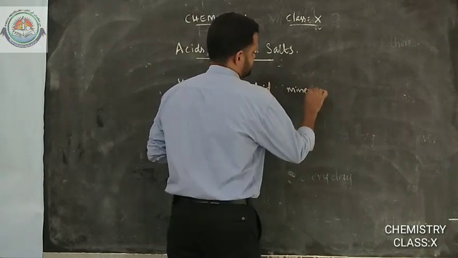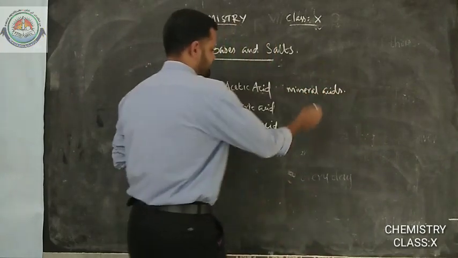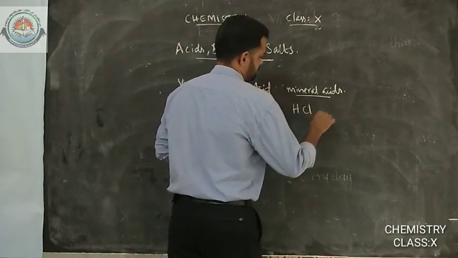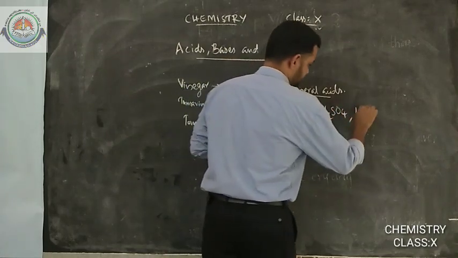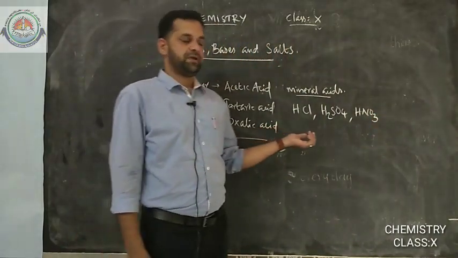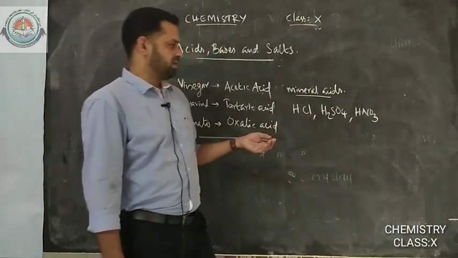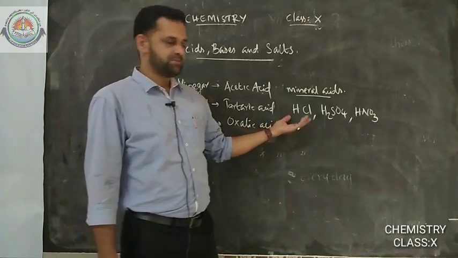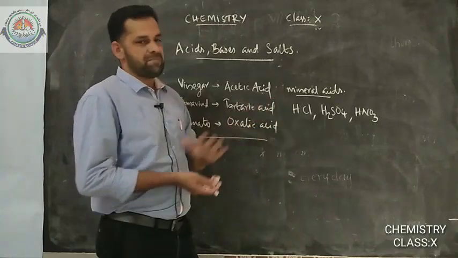Mineral acids examples: hydrochloric acid, sulfuric acid, nitric acid, etc. All these acids are prepared in the laboratory, or we can artificially prepare these acids, and they are present in labs for conducting various experiments. So these are all mineral acids.